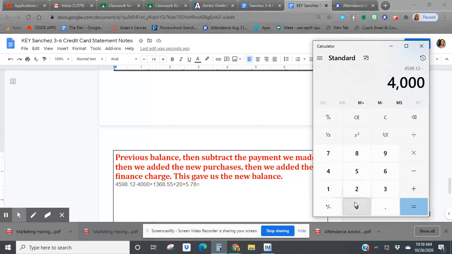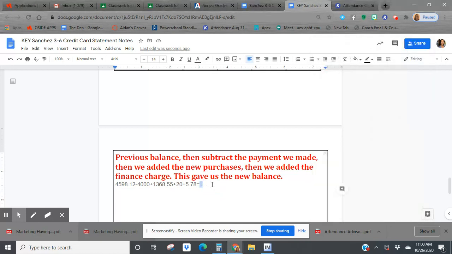Minus 4,000 plus 1368.55 plus 20 plus 5.78. We get $1,992.45. New balance.